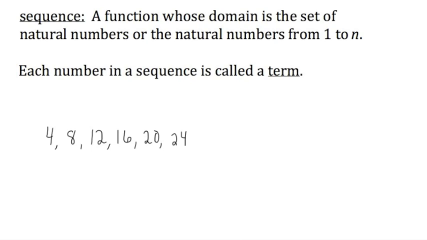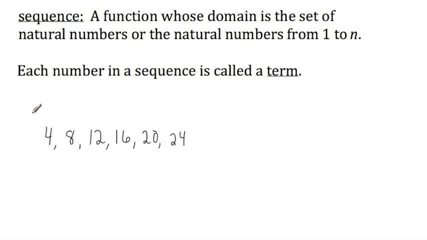So let's see if we can go ahead and create a chart that would allow us to create a domain and a range here. If these numbers look like our output, we could say that these would be like the range. The domain would be up here. The domain is the set of natural numbers.